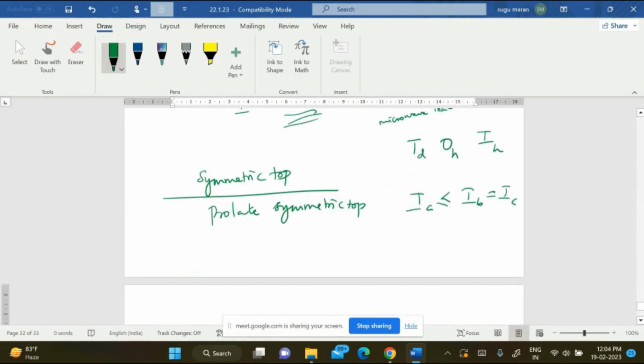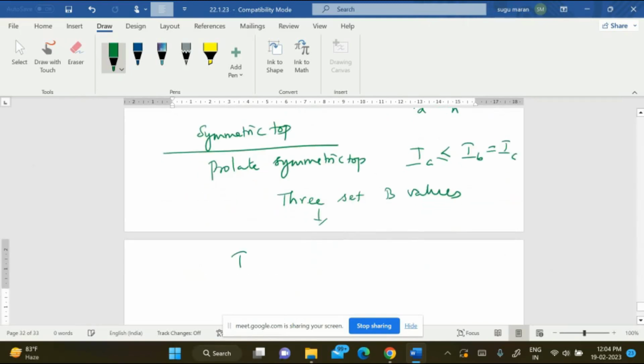For the prolate symmetry, they have different B values. Technically you have three sets of B values, but two of them are the same.